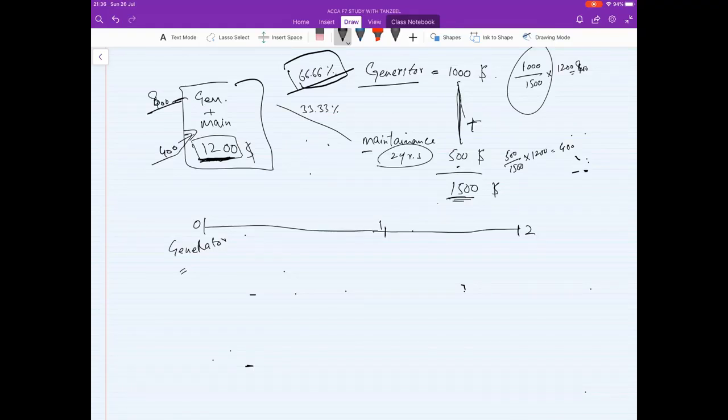And for maintenance, out of 400 I will book 200 in year 1 and 200 in year 2. I will separate this.